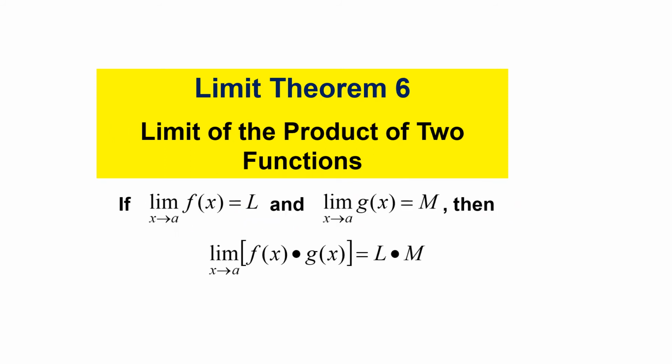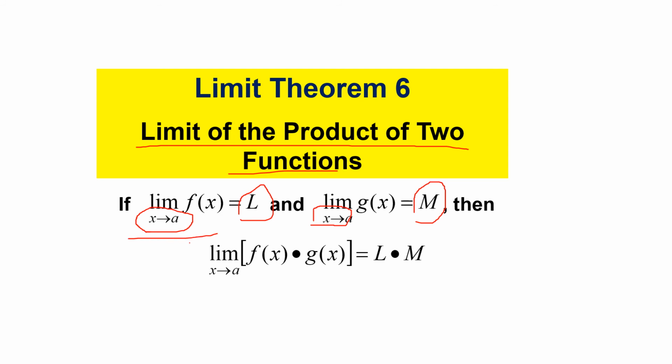So in limit theorem number 6, the limit of the product of two functions. There's an involvement again of two functions, with the given resulting values, which are L and M. Again, we can combine two limits of functions if they have the same limit as x approaches a.